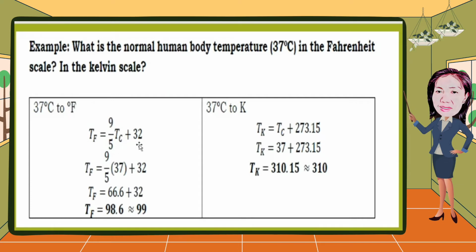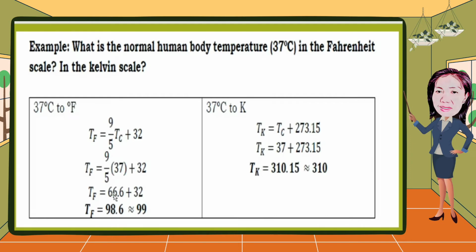Substitute the value. The value of temperature in Celsius is 37. So, can you get your calculator? Ang gawin mo is 9 divided by 5 times 37 plus 32. Or 37 times 9 divided by 5.